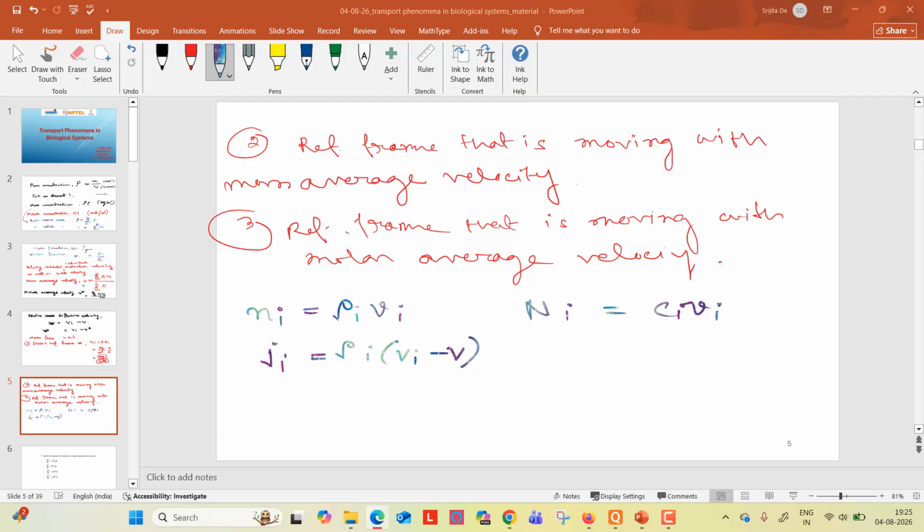And so I think you have written it. So it will be Ji equals Ci into Vi minus V, right? This is the relative mass flux when the reference frame is moving with mass average velocity, and this is the molar flux. So if you remember, this column is for the mass case and this column is for the molar case, right?